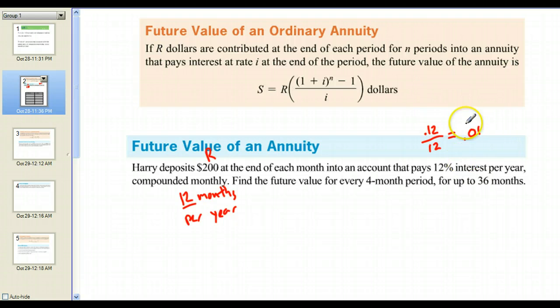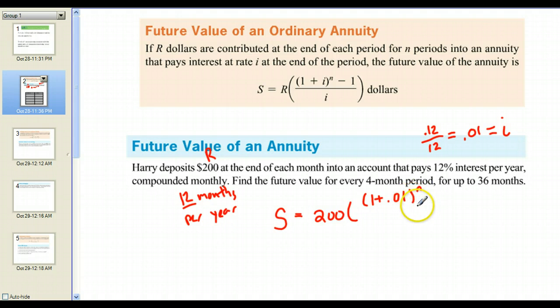Okay, so let's just throw it into the formula and see what happens. We end up with S equals R, which is 200, parentheses, times, up top we've got 1 plus 0.01, which is what i ends up being, to the n power, minus 1, all divided by 0.01.